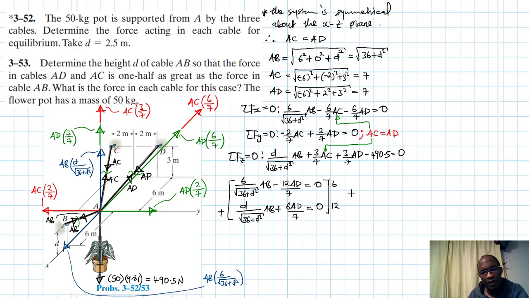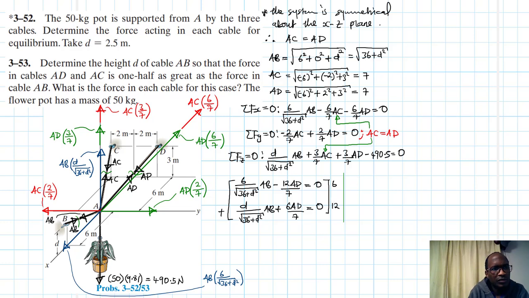So if we did so, then we expect the following. We are going to have 6 times 6, that's 36, plus a 12d.